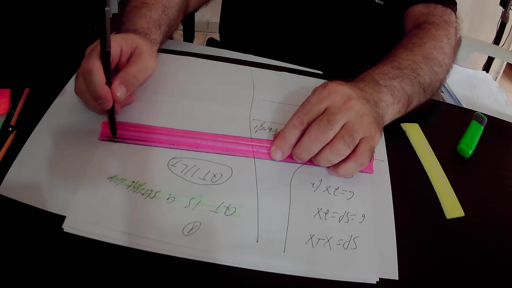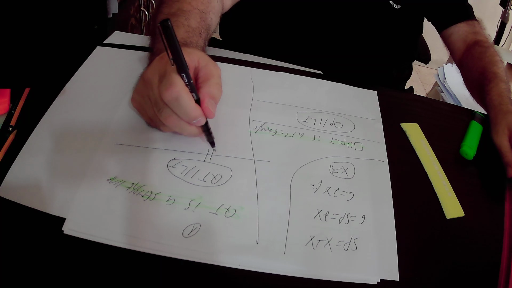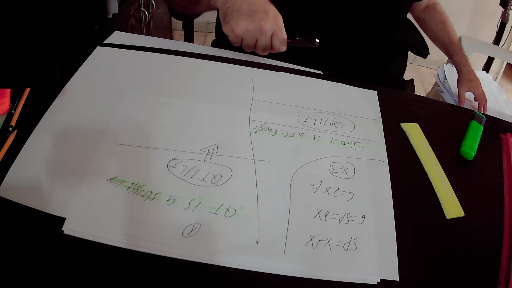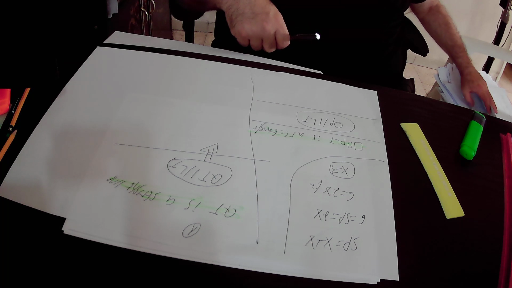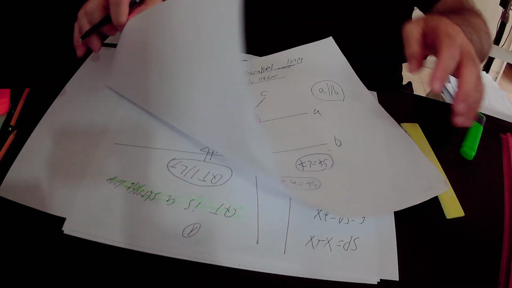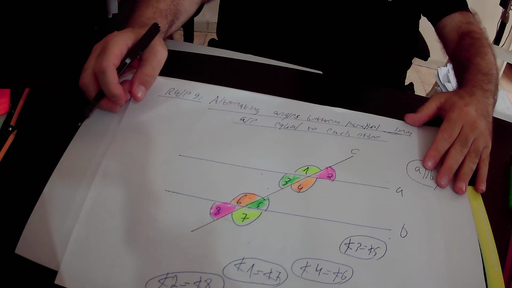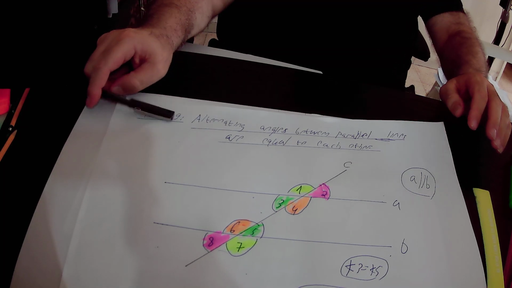And we have here rule number 9. According to rule number 9, alternating angles between parallel lines are equal to each other.